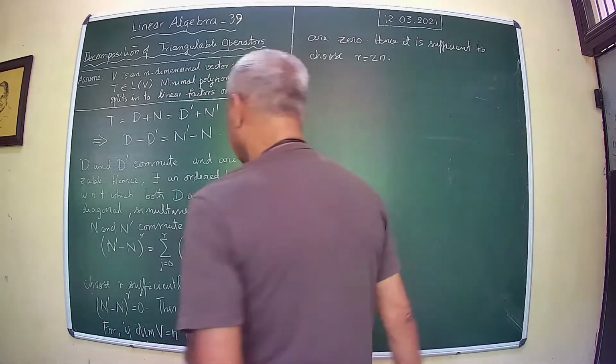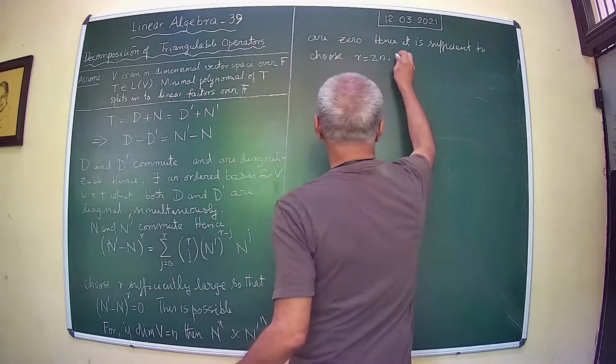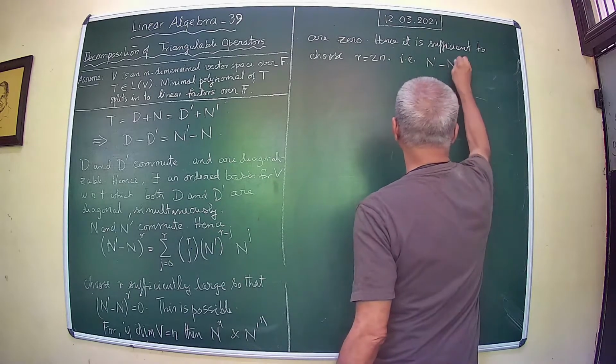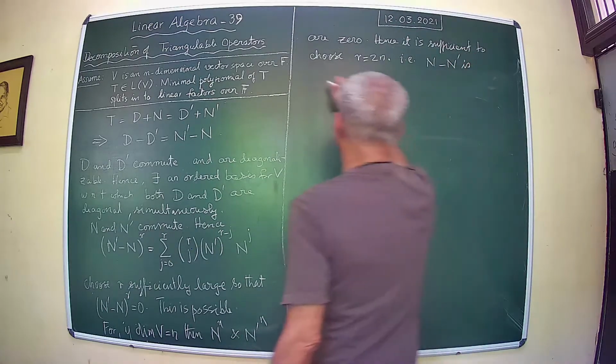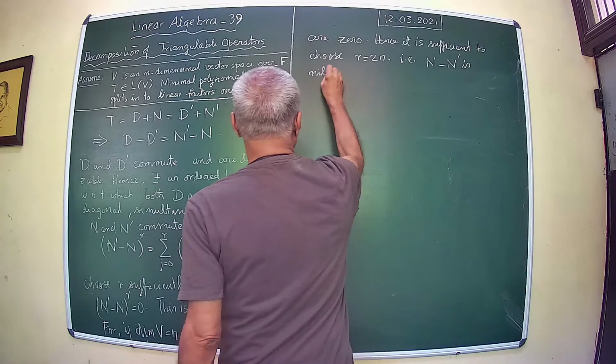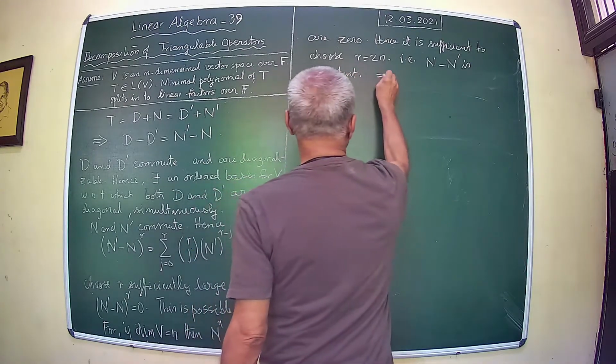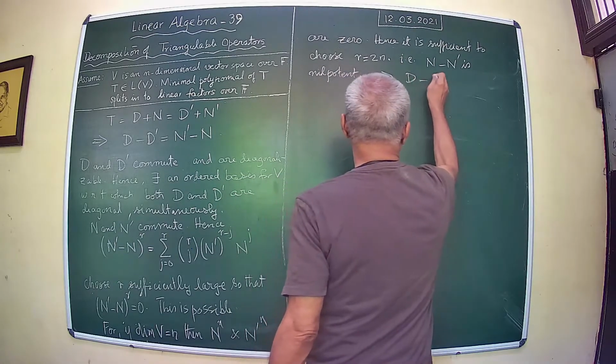What's the consequence of that? That is, N minus N prime is nilpotent, which implies D minus D prime is nilpotent.